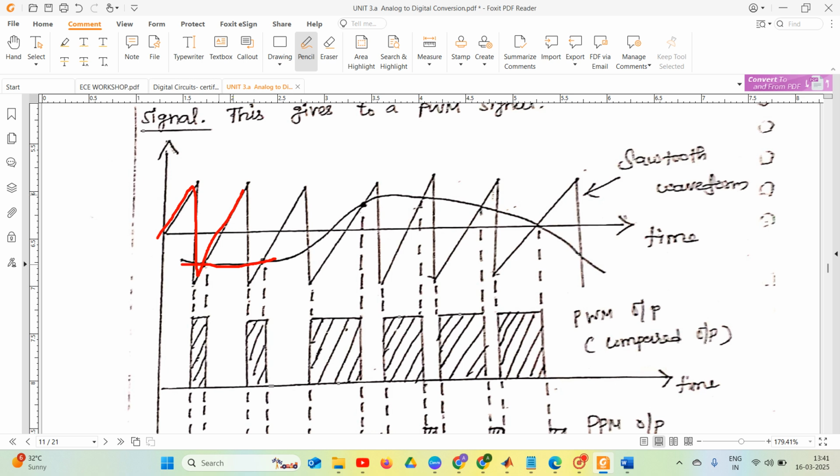So we are sampling our modulating signal. This is my modulating signal, and this is my sampling signal, the sawtooth signal.